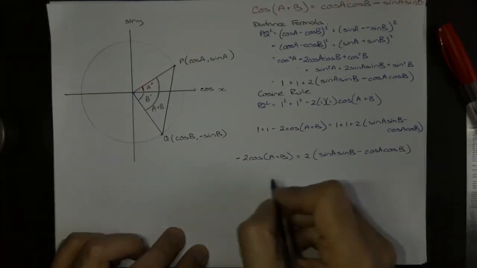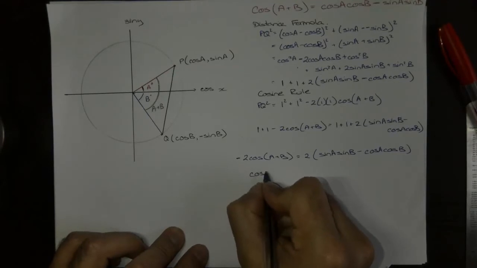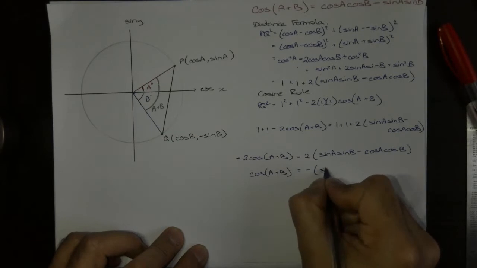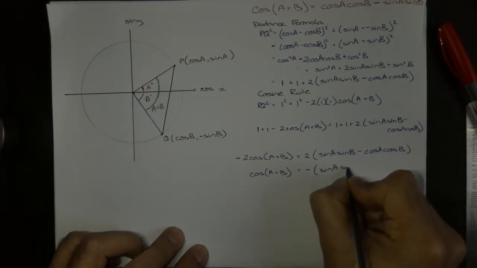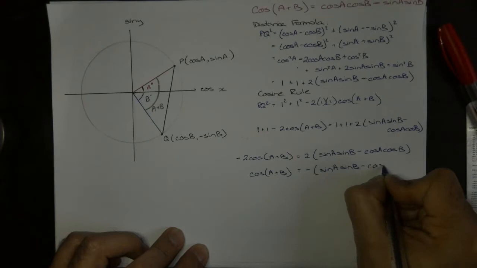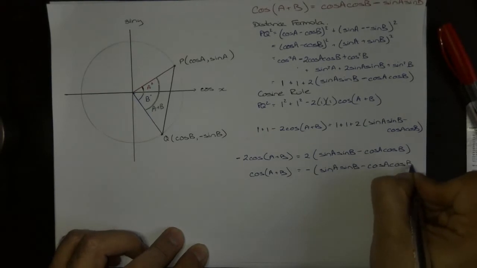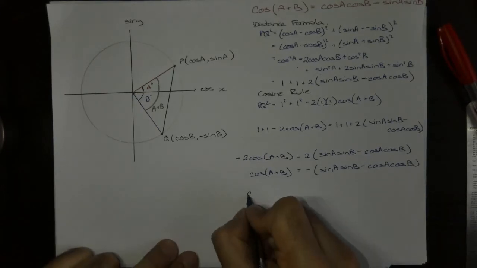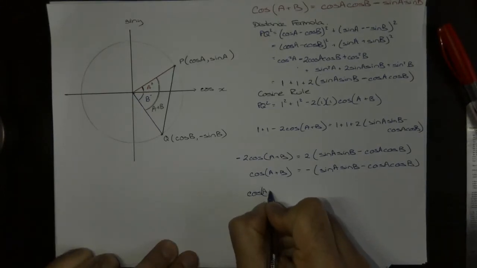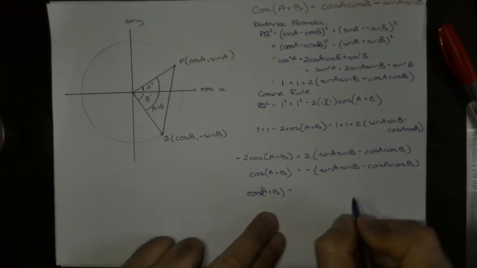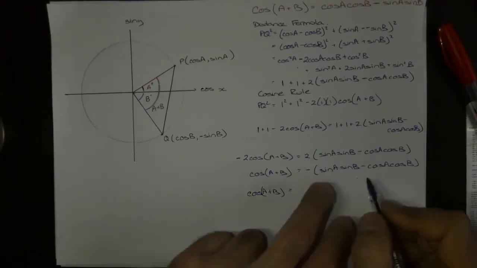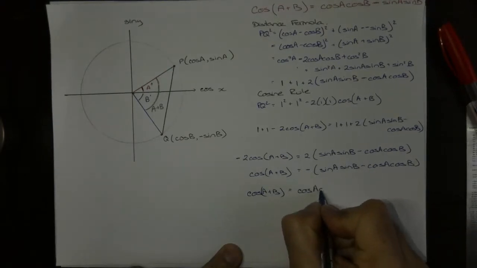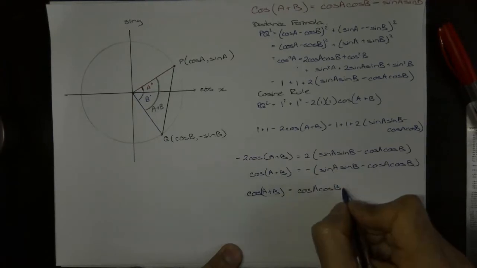If I divide it by negative 2, I get a negative. And now multiplying both terms by negative, I get cos A plus B, the sum of two angles, is, now I'm going to rewrite it the other way around because this would become positive and this would become negative.